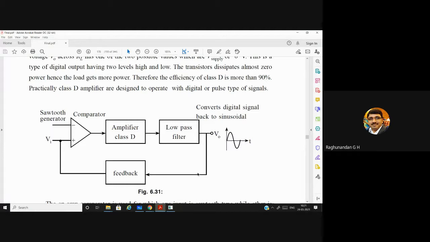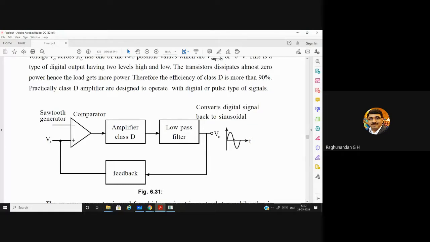Since the continuous feedback is being given, at this portion you can see a junction, no? This is acting like a mixer, which is going to mix up the input as well as the feedback signal. Because of this, even the non-inverting terminal input will be enhanced. So this process will be continued, and we are going to get an amplified version of the input.